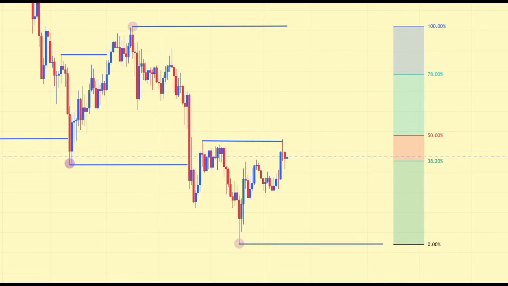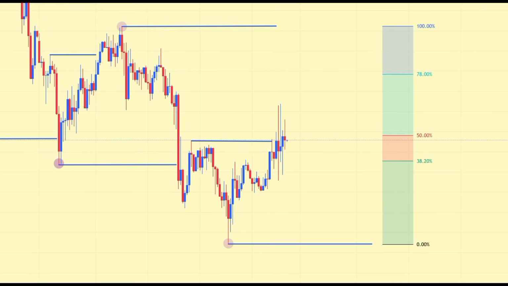All right, so let me continue running price, and exactly right here. Oh, by the way, after price has taken out the inducement, that's when you start mapping, that's when you start identifying the POIs. And like I always say, the order flow is primary.